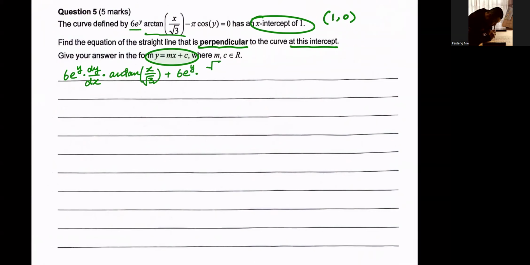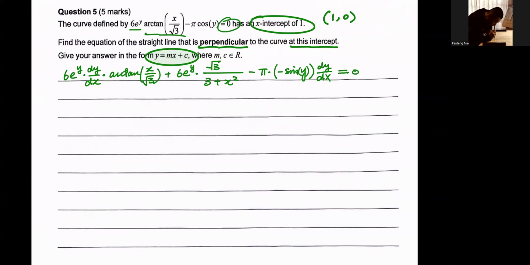In this case, I'm going to write down root 3 divided by (root 3 squared plus x squared). Remember, that's the derivative of arctangent. Minus pi times the derivative of cosine y, which is minus sine y times dy/dx, equals 0.